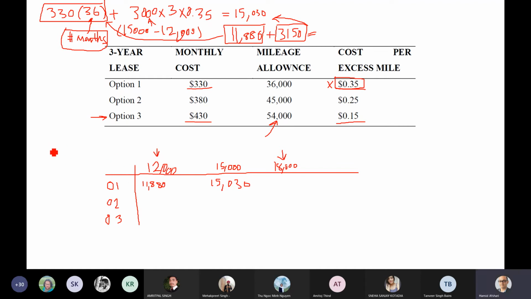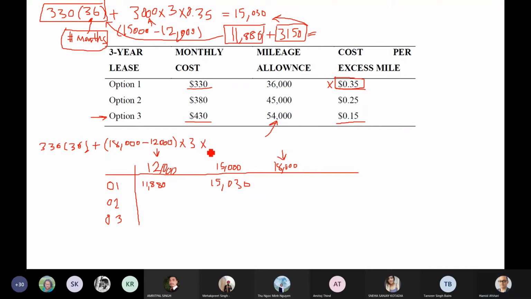So it will be a fixed cost, which is $330 multiplied by 36 months, plus, how much is the maximum mileage? 18,000. Okay, 18,000 minus 12,000, which is the maximum allowance for this leasing option, multiplied by 3 years, correct?